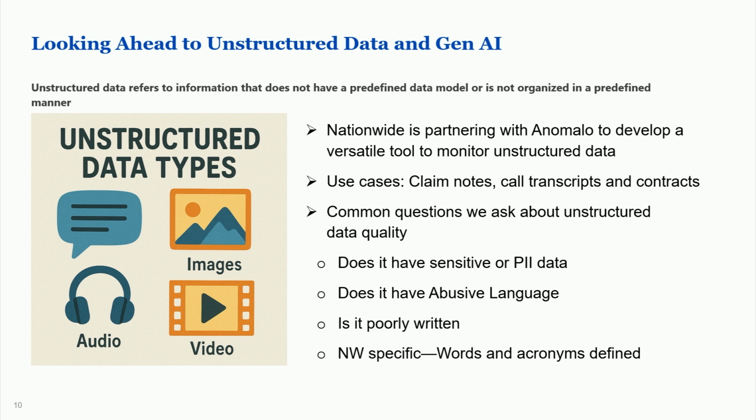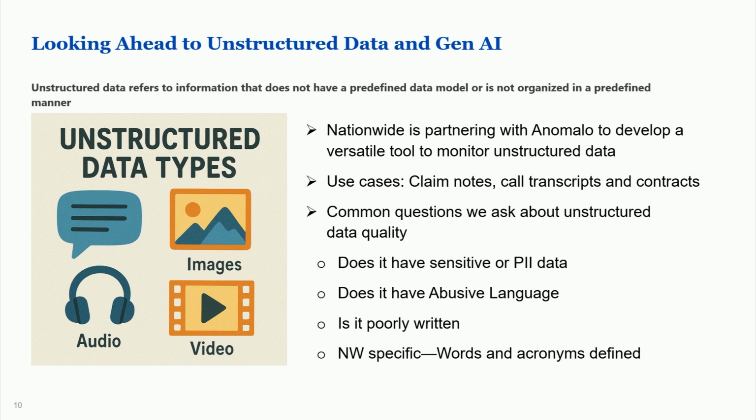We know things like being on time and being complete are important, but what else? Some use cases that we've looked into: claim notes, which ironically in this case sit in Databricks in a column, right? But the structure of that column is free-form text. We have call transcripts and contracts and a lot of other unstructured data all over the place.